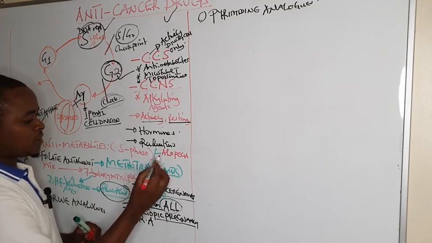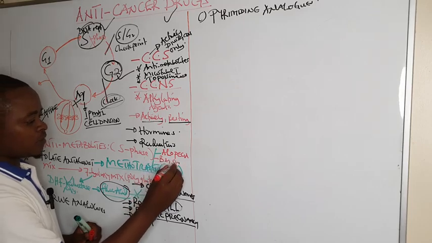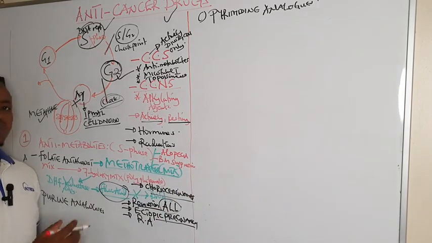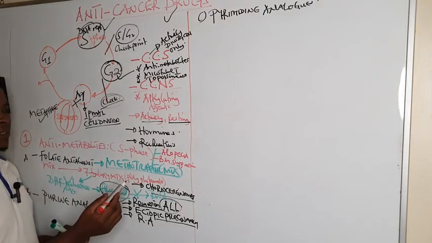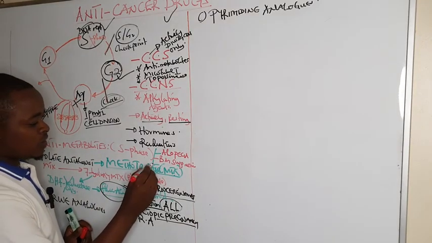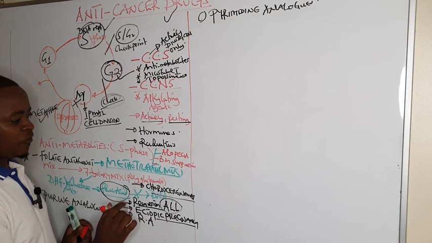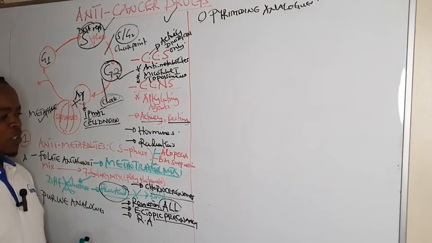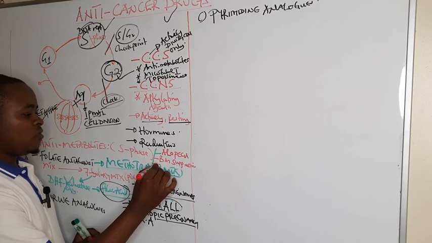It causes bone marrow suppression, meaning before someone is put on methotrexate, they should have a CBC to rule out aplastic anemia. It can also lead to nephrotoxicity. So the side effects are alopecia, bone marrow suppression, nephrotoxicity, peripheral neuropathy, and also mucositis.